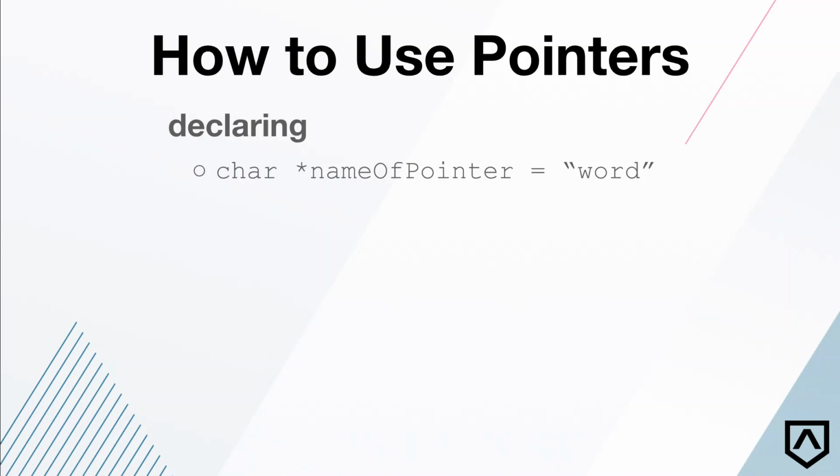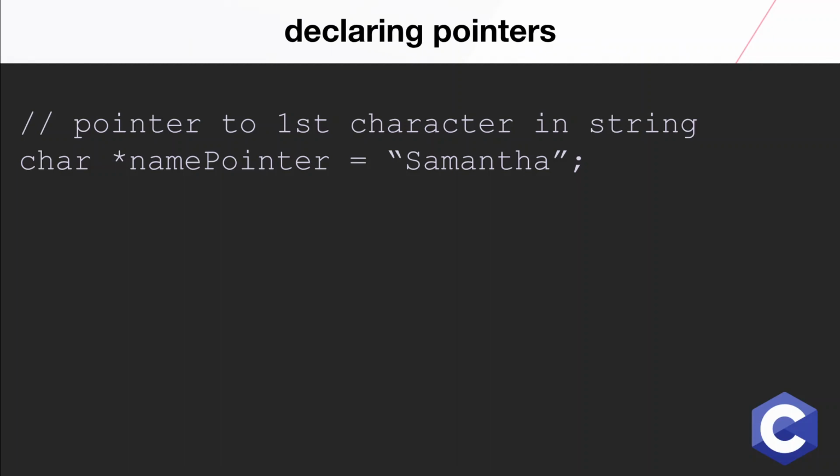By putting the star in front of the name of my pointer, that indicates to the compiler that this variable should contain the address to wherever the value word is stored in memory. So I'm creating a variable that points to the address. That's a reference to this value. It does not contain the specific value.